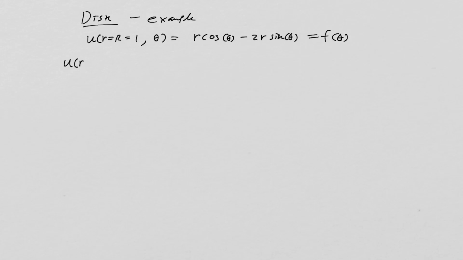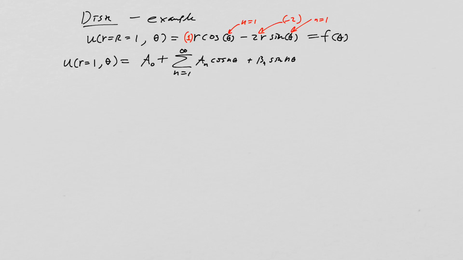So we know the general solution is going to be equal to a naught plus the sum, n starts at 1, goes up to infinity, and then we're evaluating r at 1, so we end up with an cosine n theta plus bn sine n theta. All right, and all we have to do now is look at the coefficients. We can see clearly that there is a 1 there, and here there's an n equals 1, and here there is a negative 2 as the coefficient there, and an n equals 1 there.